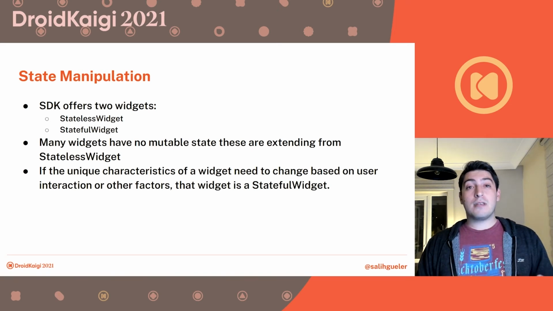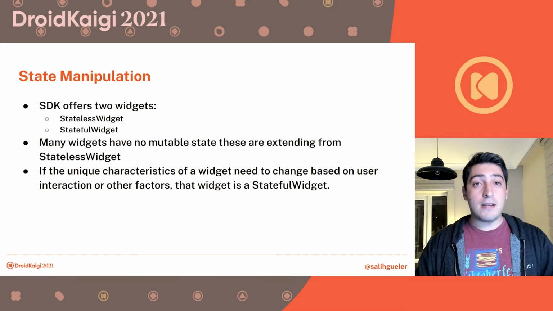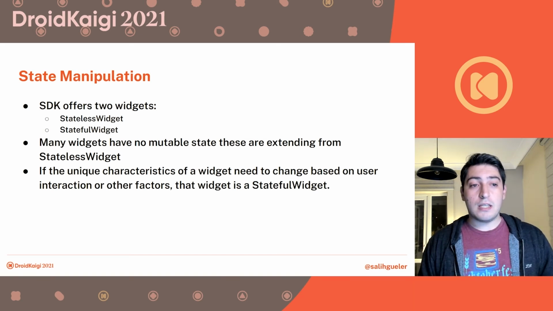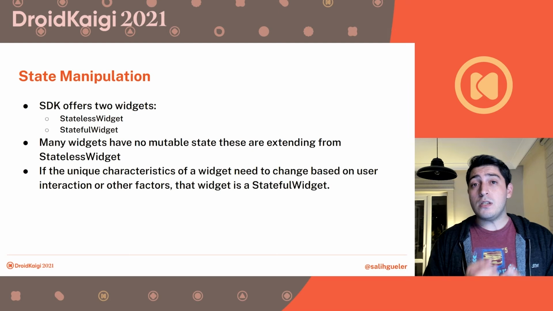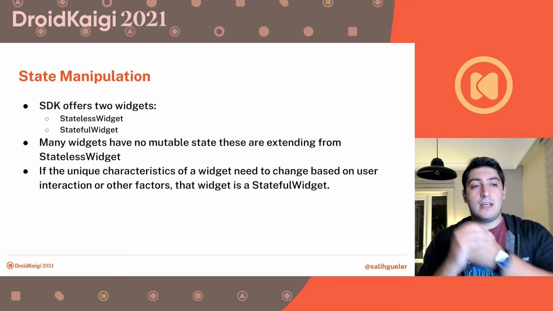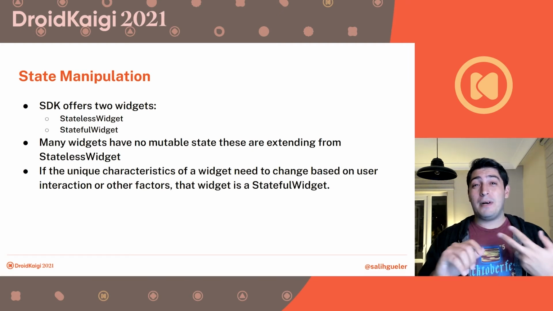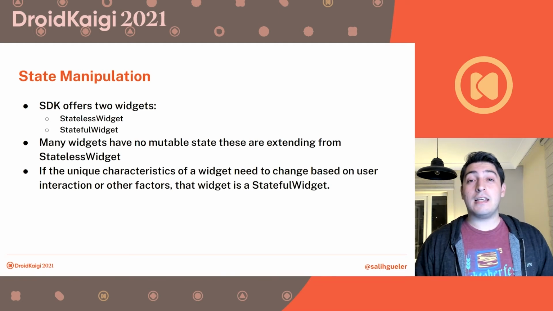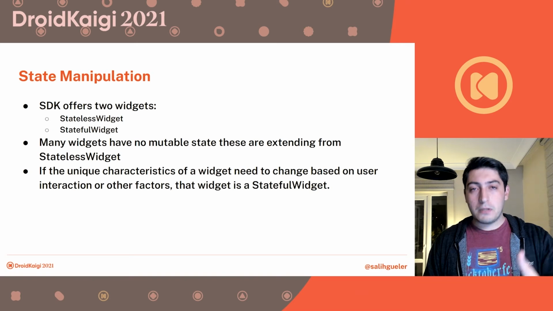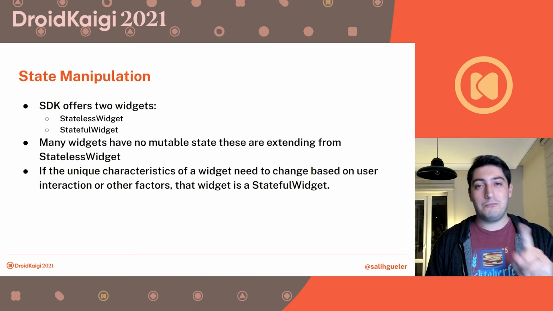For this purpose, Flutter team created two important base widgets, stateless widget and stateful widget. Stateless widget is immutable, it doesn't do anything, it just shows what it has. Stateful widget, on the other hand, the class itself is immutable, but there's a state object inside it that keeps the information and it can be mutable. And mutability is happening with the thing that we are going to be learning about in 1 minute.